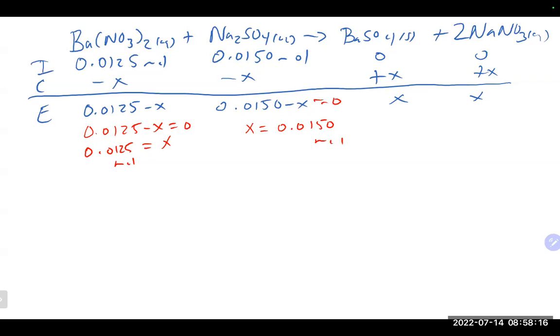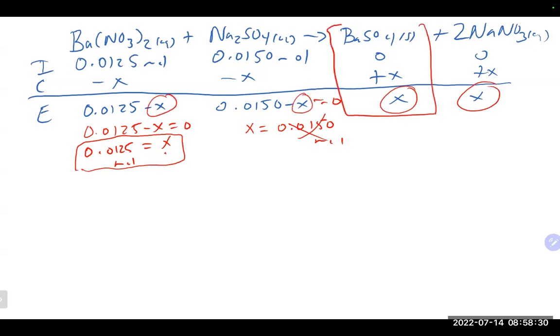At this point, we're looking for the smallest number, which looks like it is barely this guy here. So we'll go with that. That x, once again, is all the x values in this table. And in our case here, we are interested in barium sulfate. So we see that the moles of barium sulfate will equal x, which means it is 0.0125 moles of barium sulfate.